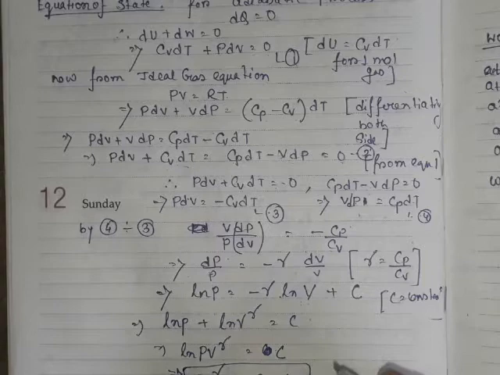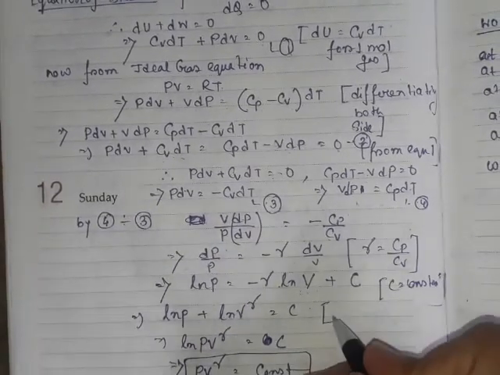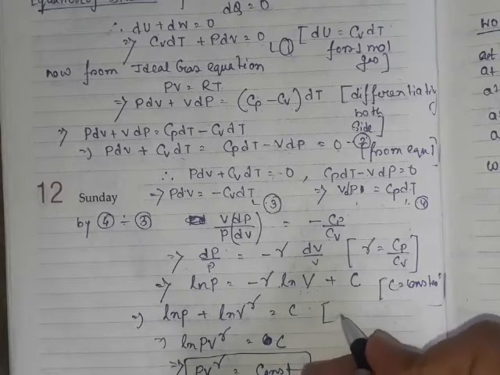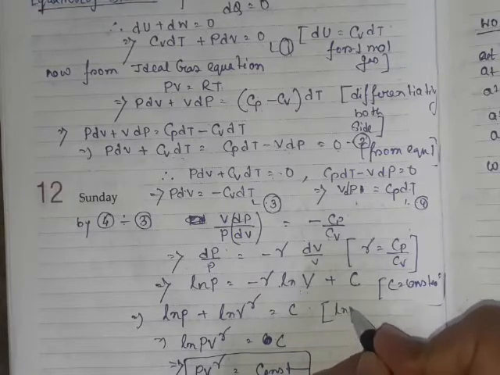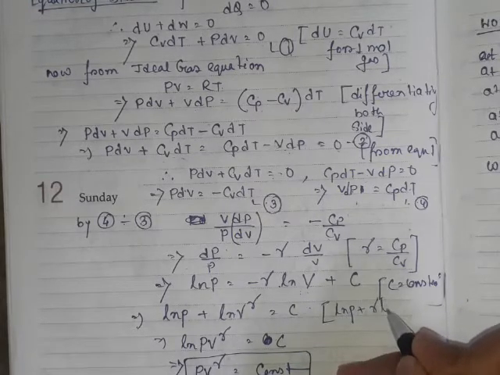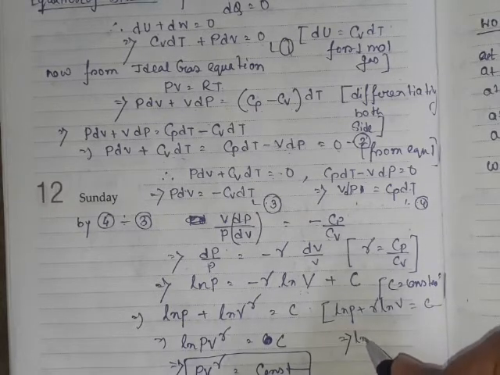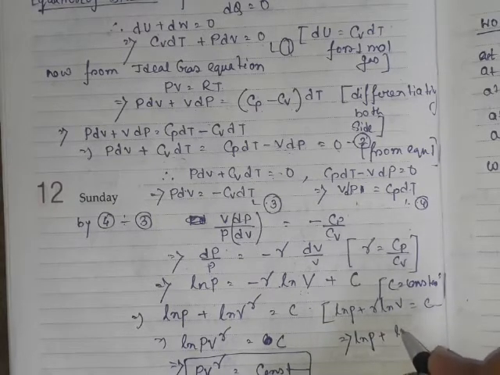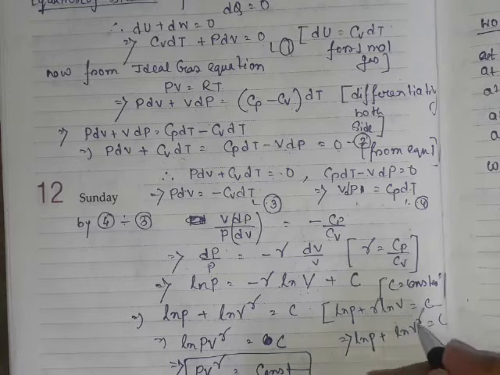Here I have just shown the step jump: ln P plus gamma ln V equals C, and next it will be ln P plus ln V to the power gamma equals C. This gamma is inserted inside the log and becomes the power.